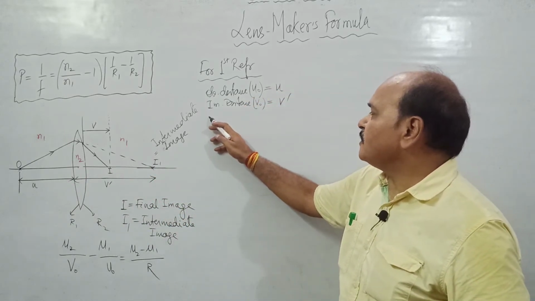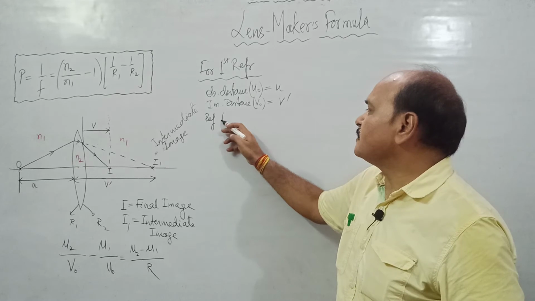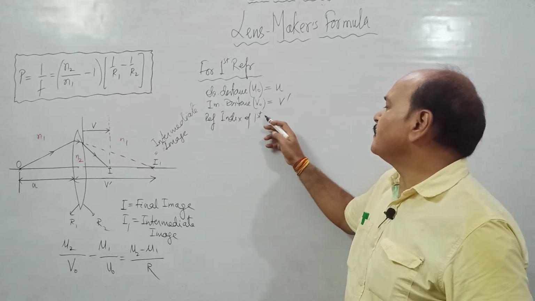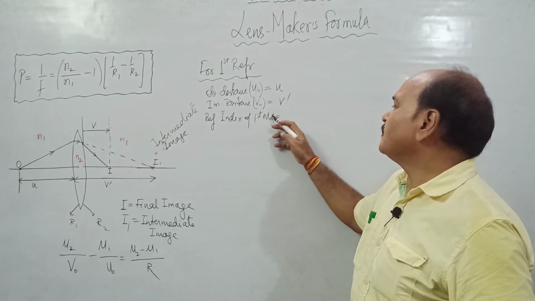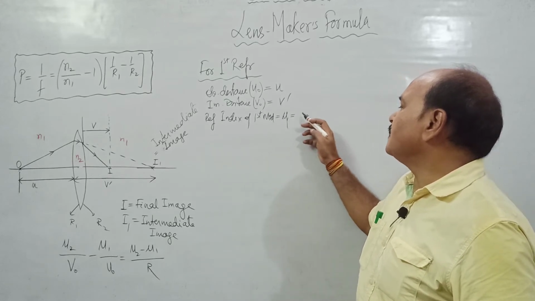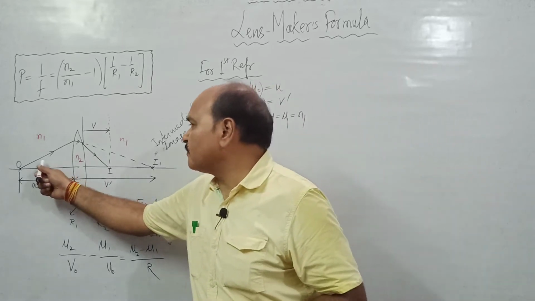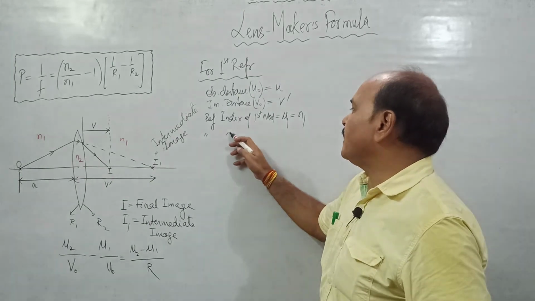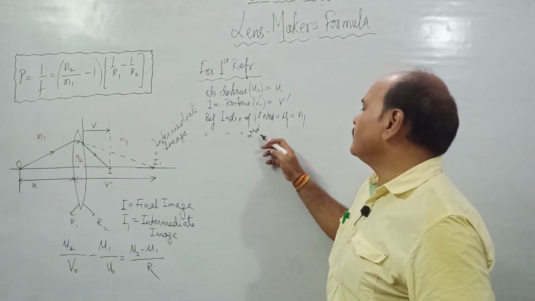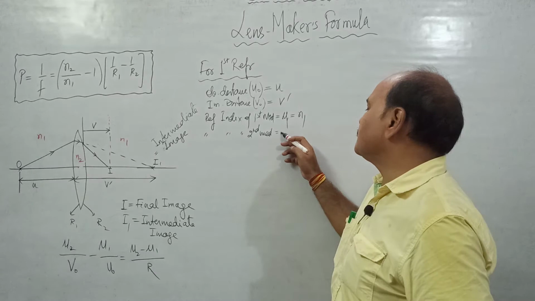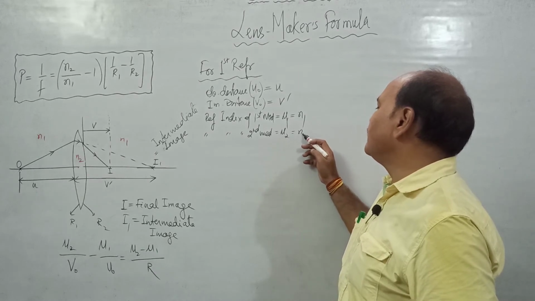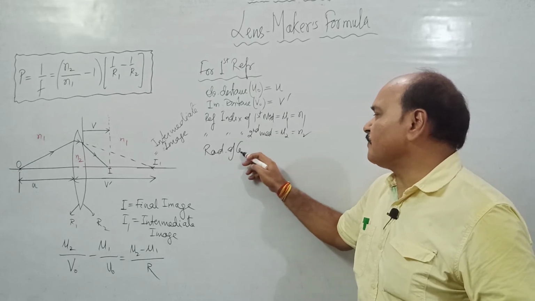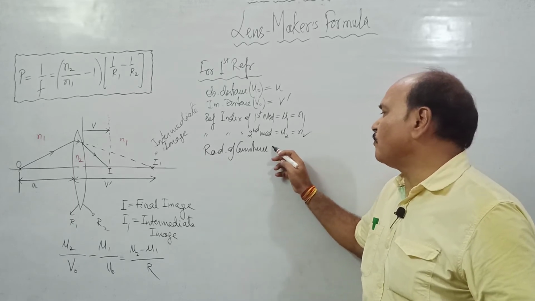The refractive index of the first medium is mu1, that is equal to n1. And the refractive index of the second medium, mu2, is n2. And the radius of curvature of surface number 1 is of course r1.